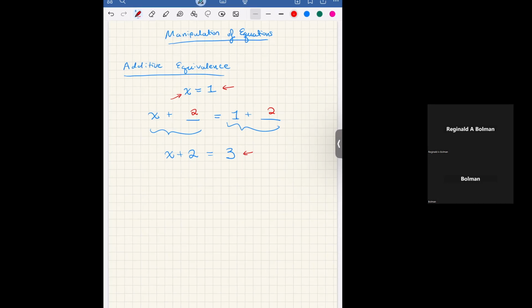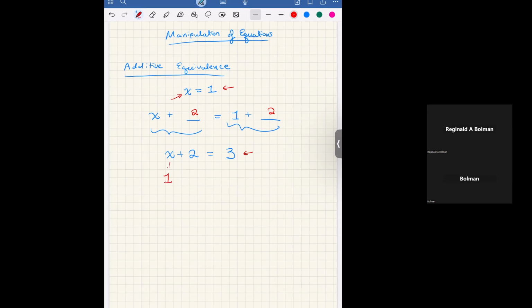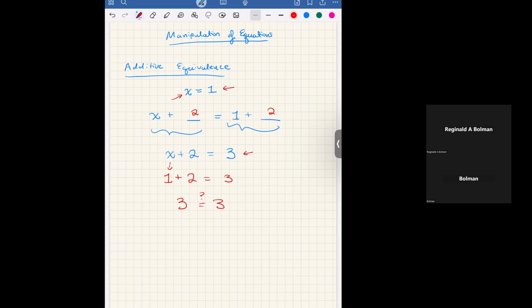Okay? And in fact, you can determine this to be true because if you knew that in this instance your unknown number, x, was equal to 1, and you had the expression x plus 2 is equal to 3, you could plug in the value of x and check to see that the equation was still balanced.